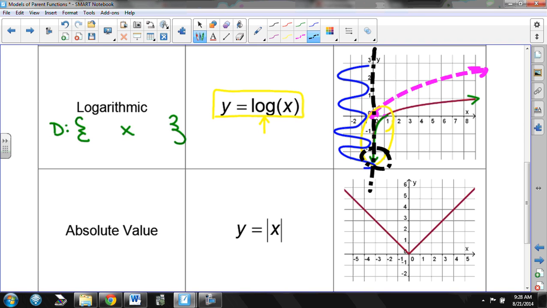If you take the logarithm of 0 in your calculator, it's going to give you an error. So what's our domain for our logarithm function going to be? X has to be greater than 0. And x can go as big as we want it to.